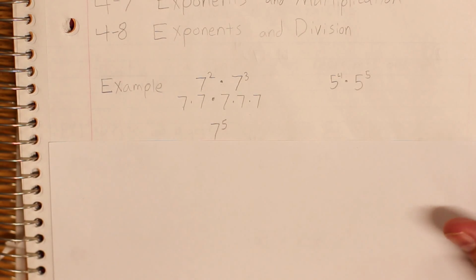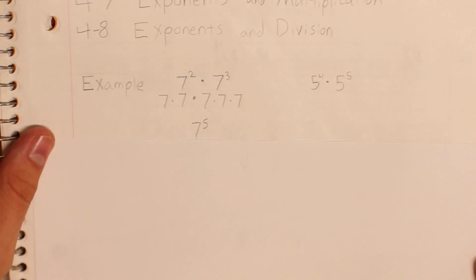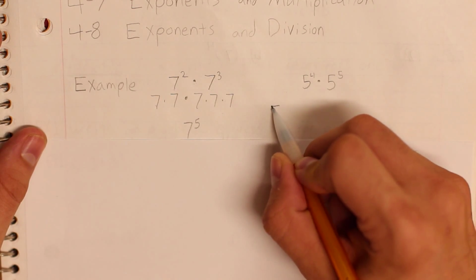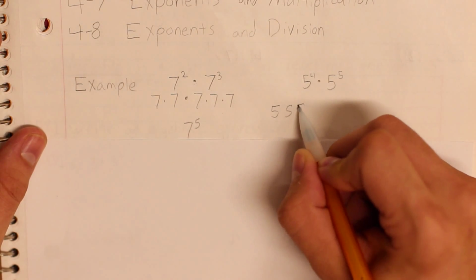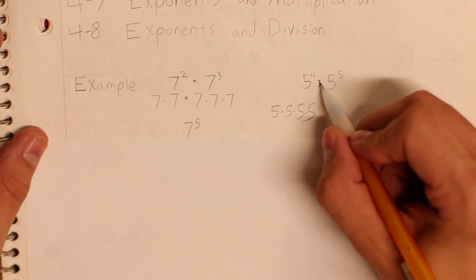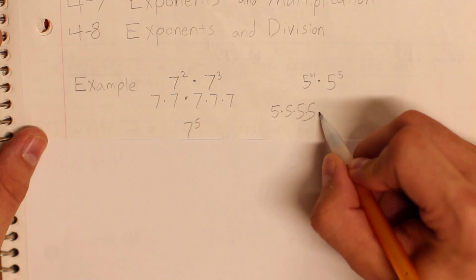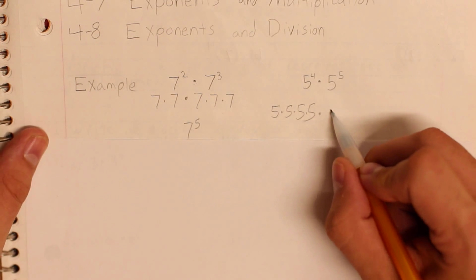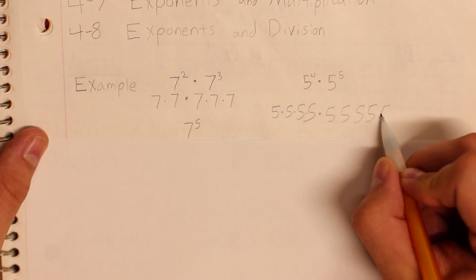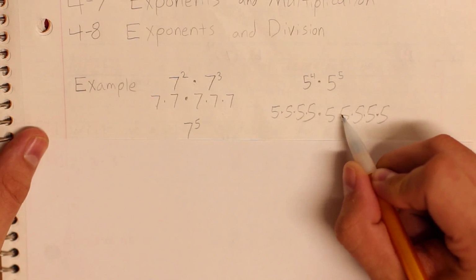Again, let us look at another example. Is 5 to the fourth not simply 5 written down 4 times with a multiplication symbol between them? That multiplication symbol we put right here. Is 5 to the fifth not 5 written down 5 times with a multiplication symbol between them?